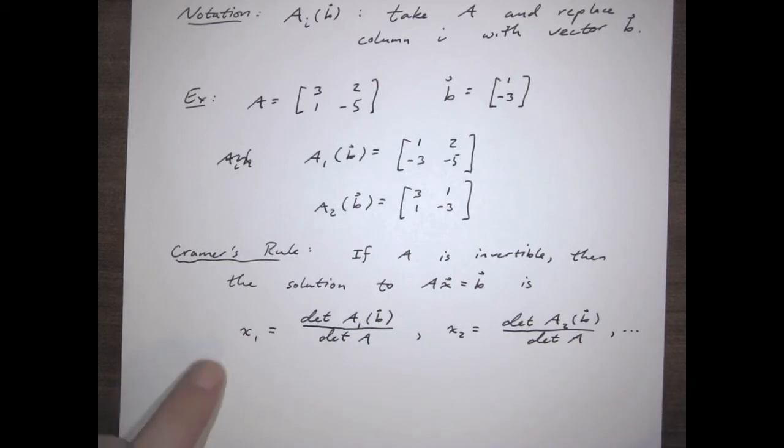So each one, xi, is equal to the determinant of Ai of B divided by the determinant of A.